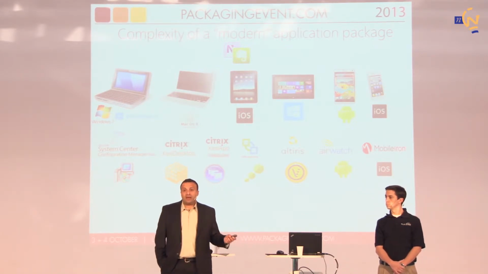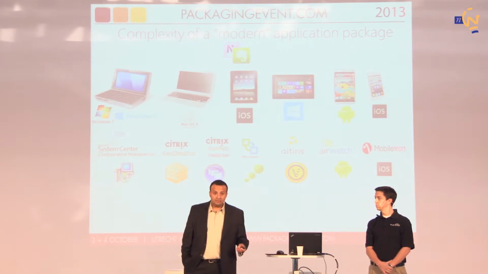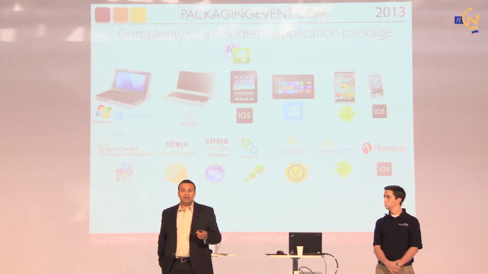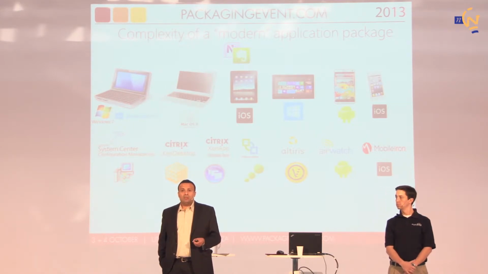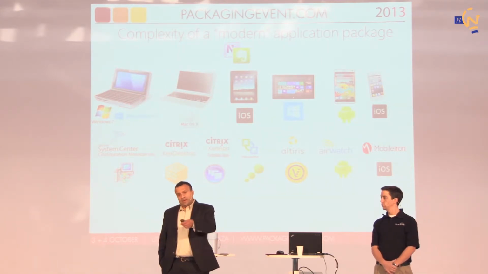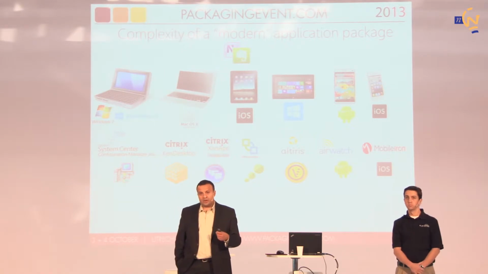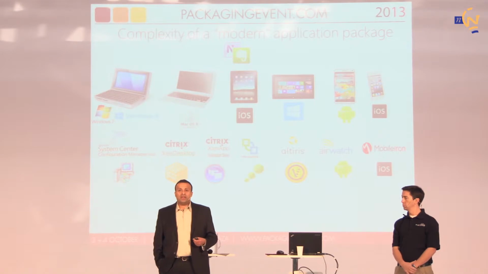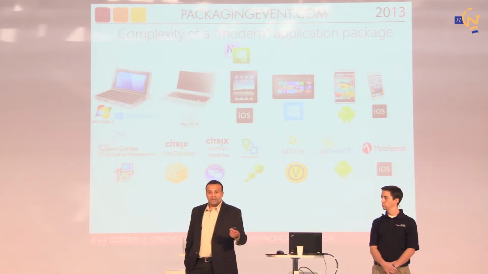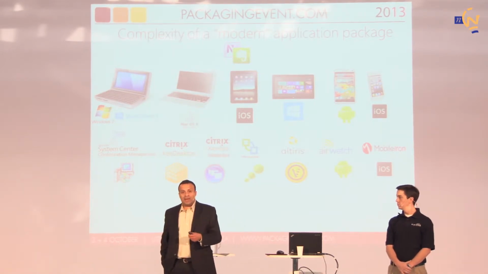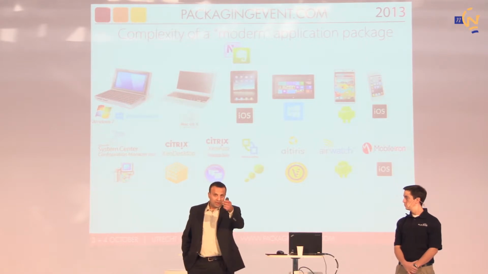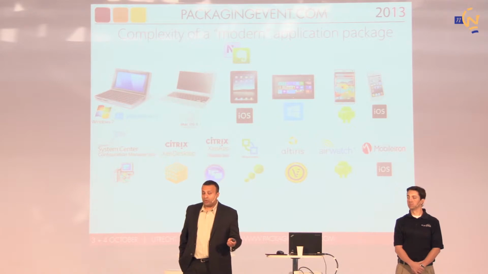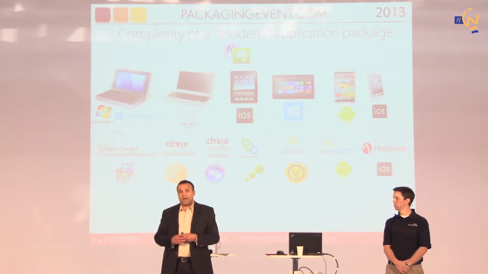We have a Symantec virtualized package, SWV, that can be delivered via Altiris or some other mechanism. And then we have the native apps, an Android native app and an iOS native app, which can be deployed through either AirWatch or MobileIron to the appropriate devices, either an Android device or an iOS device.